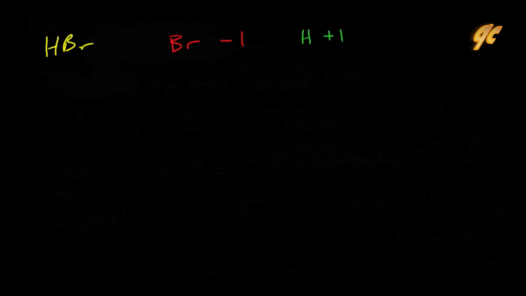If we now take a metal hydride, let's simply take sodium hydride. Sodium has got an oxidation state of +1. This means that hydrogen in a metal hydride must have an oxidation state of -1.